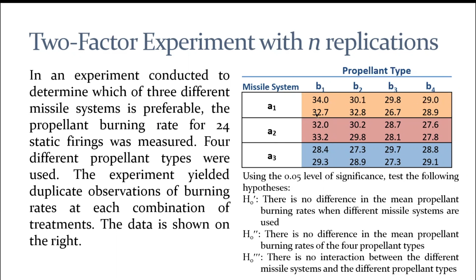Okay, and each of the treatment combination has two replications. No? So for example, level 1 factor A and level 1 factor B has two replications, which is etong two observations na to, which is yung 34 and 32.7. Okay?